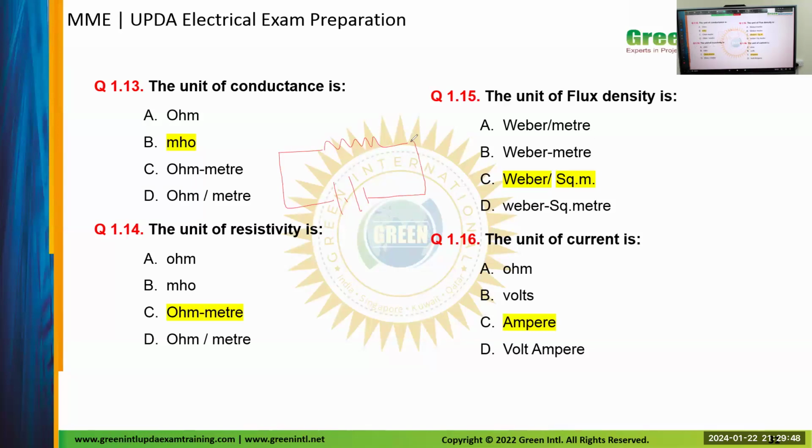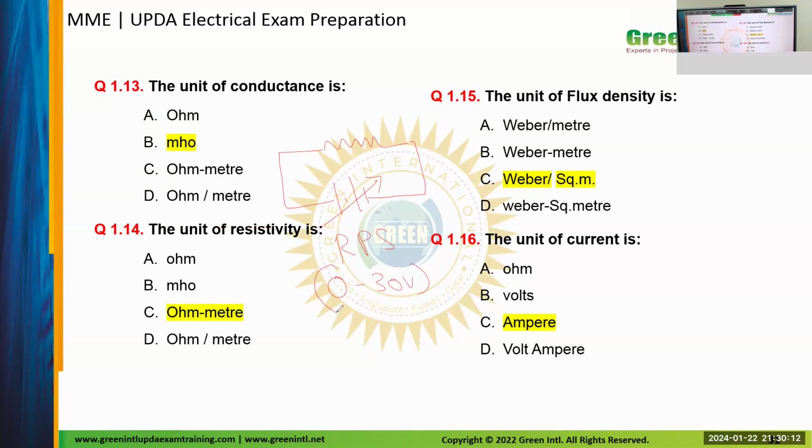We have a resistance and a variable voltage source. I hope in your colleges, 5, 10 or 15 years back, we assumed it to be an RPS, a regulated power supply, 0 to 30 volts. Here we are using one resistance. In our electronics or electrical lab, there are so many resistances.